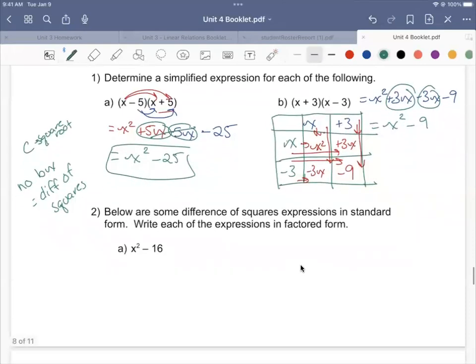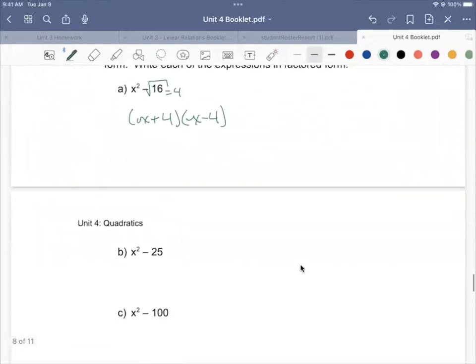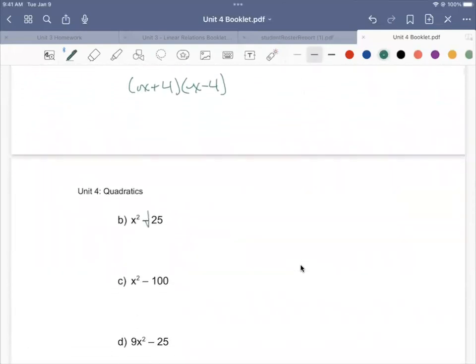So for instance, the square root of 16 is going to equal 4. So I know that it will be x plus 4, x minus 4. If I take a look here, the square root of 25 is 5. So I know it will be x plus 5, x minus 5.